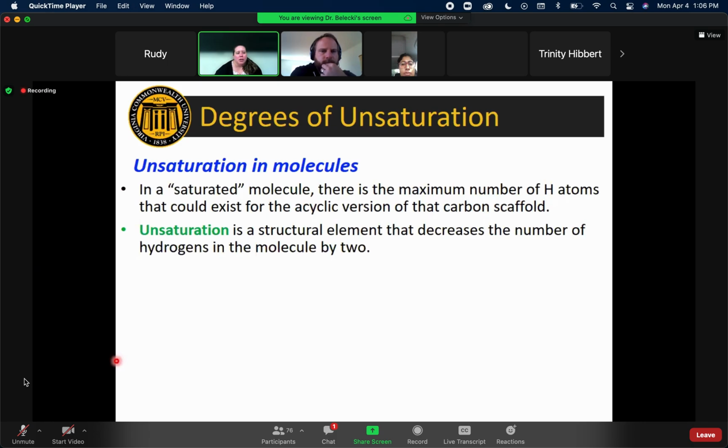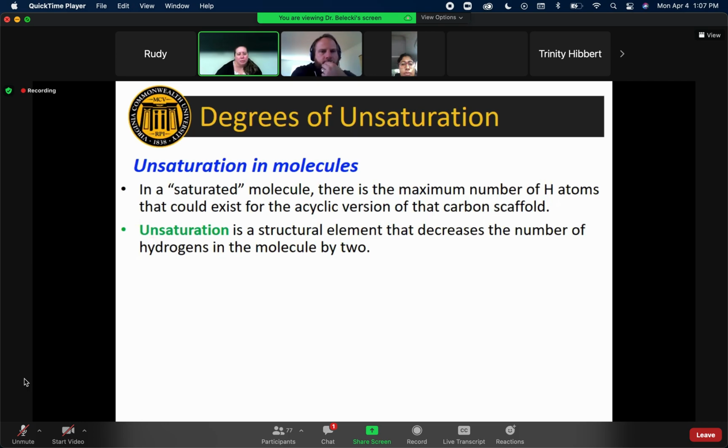And so when we talk about unsaturation, what we're talking about is an element in the molecule, a structural element in the molecule that requires taking away 2 hydrogen atoms from the molecule. So if you want to make a double bond, you have to remove 2 hydrogen atoms to be able to open up the valency on each of those carbons to make that pi bond, to be able to open up the orbital to create the pi bond.